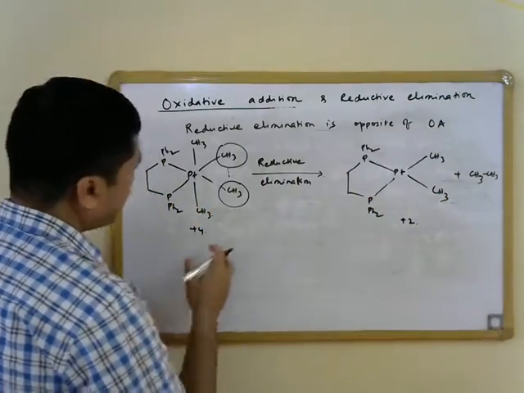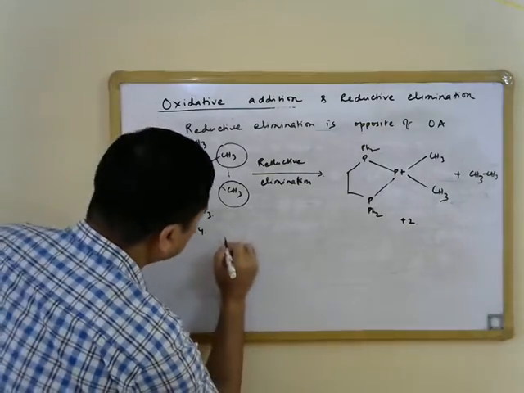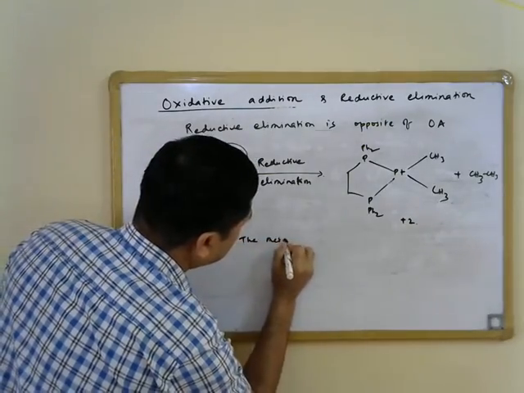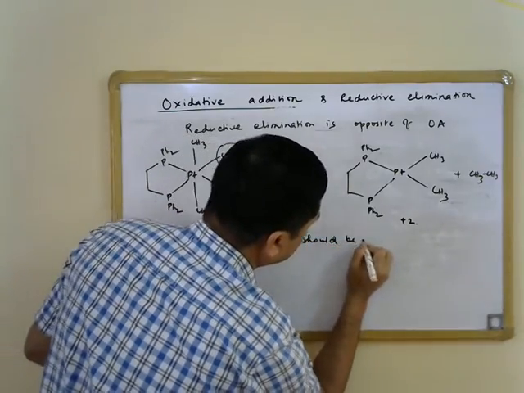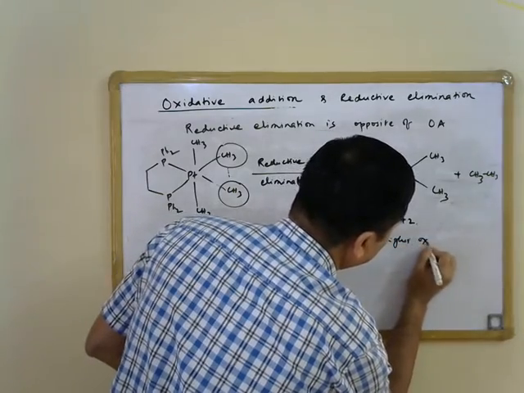The condition that must be met for reductive elimination to occur is that the metal should be in a higher oxidation state.